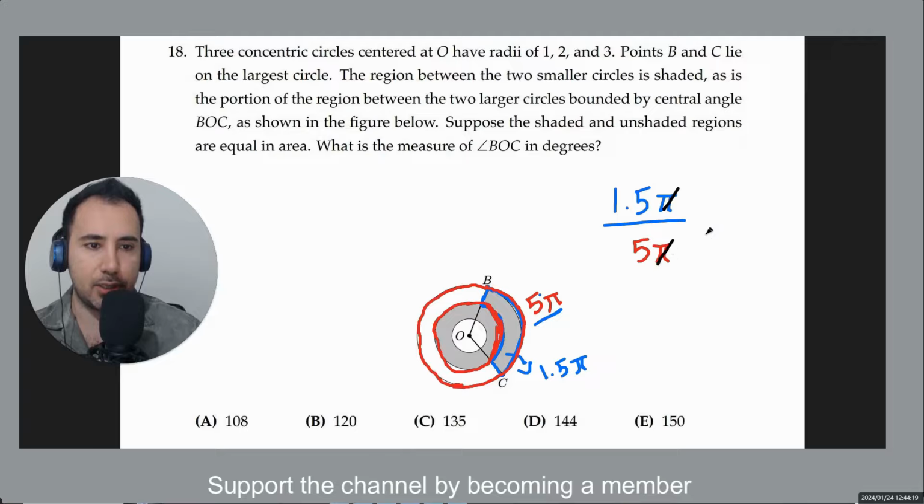Pi cancels with this pi. So this one will be 1.5 over 5.